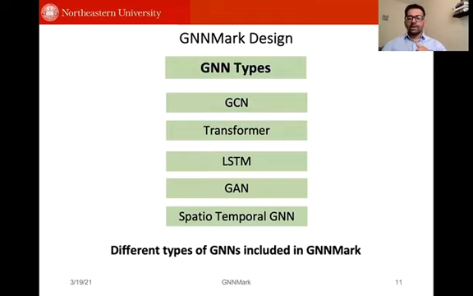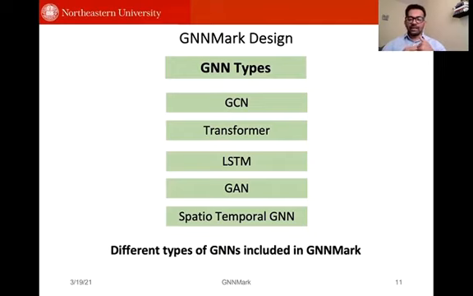Now coming to different GNN types, we of course have the popular GCN, which is one of the first popular graph neural networks which were published, and many of the future models are actually based on variants of this. GCN stands for Graph Convolutional Network. Then we have a transformer, which borrows ideas of attention from the transformer in DNNs, and then applies them to graph neural networks.